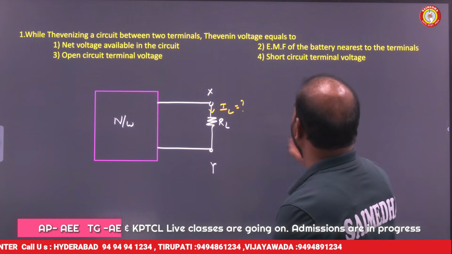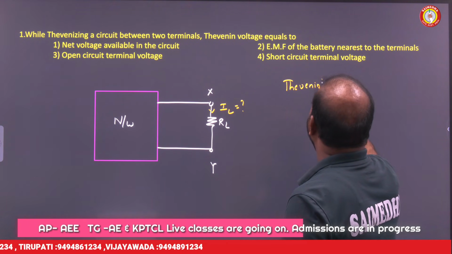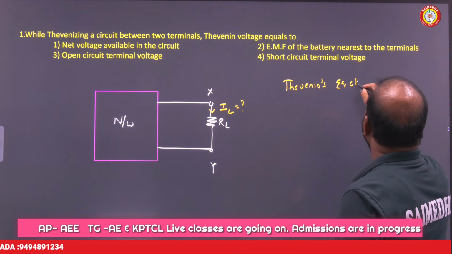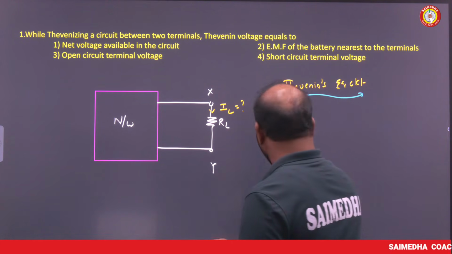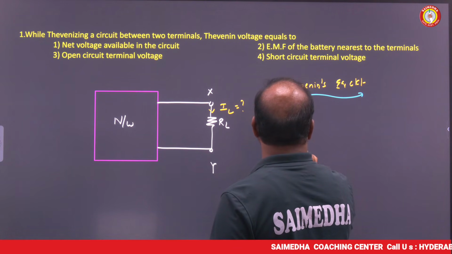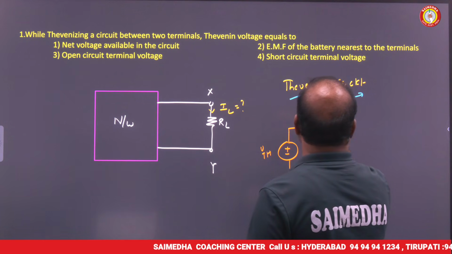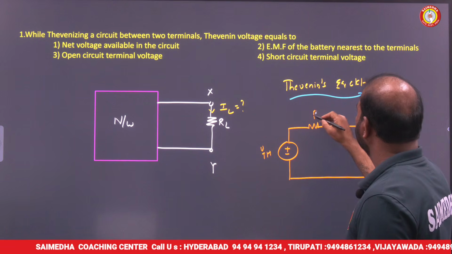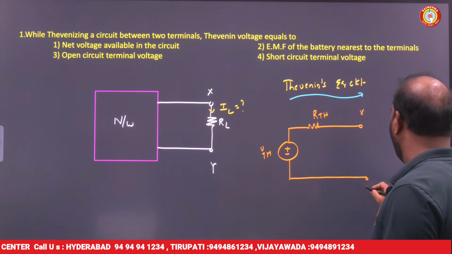First of all, we obtain Thevenin's equivalent circuit. What is the Thevenin's equivalent circuit? It consists of a Thevenin's voltage source in series with Thevenin's resistance RTH, across the terminals X and Y.